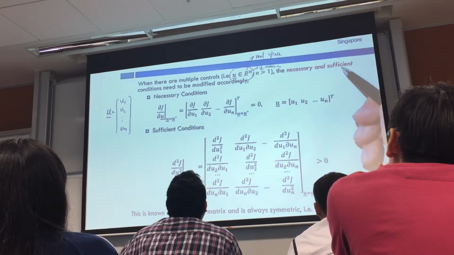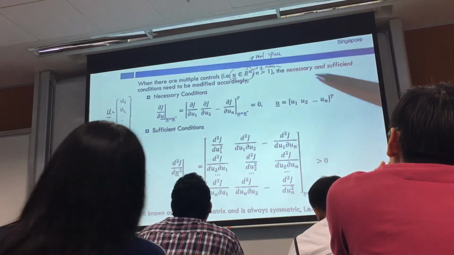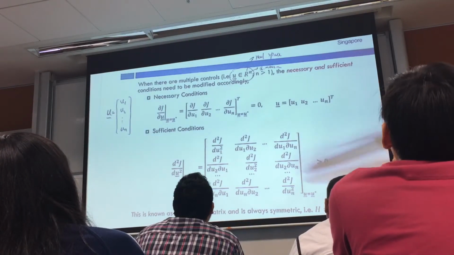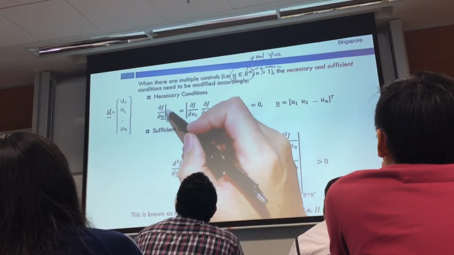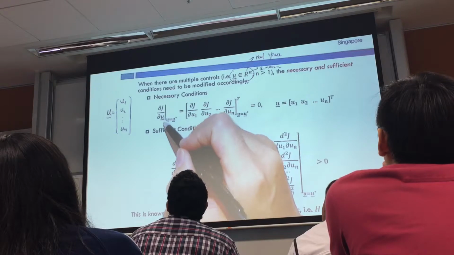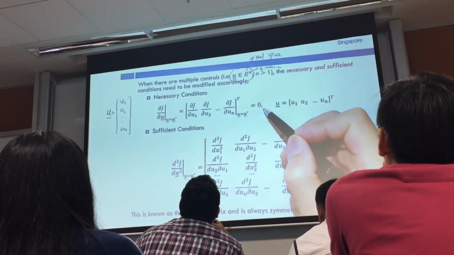The necessary condition and the sufficient condition have exactly the same formula, but it will be more complicated. In this case, we evaluate the derivative of the cost function in terms of your control input and set this to 0.